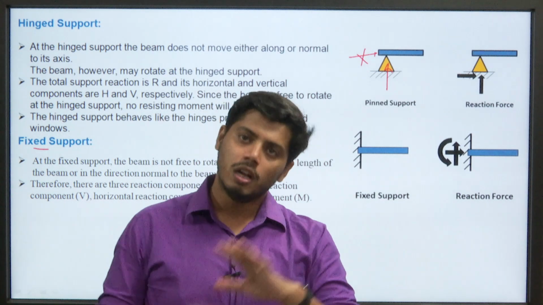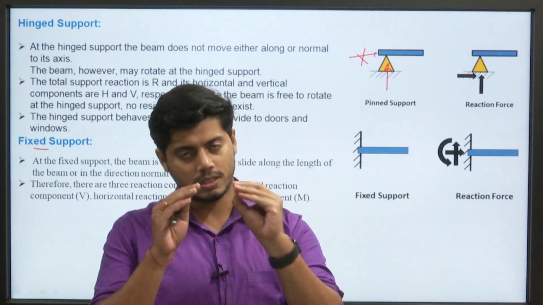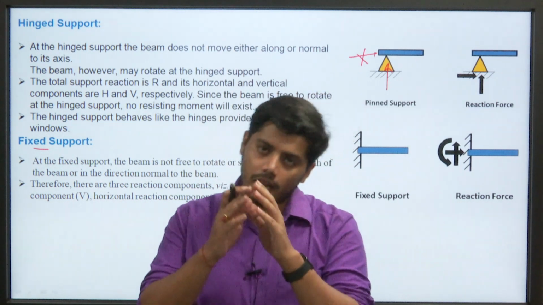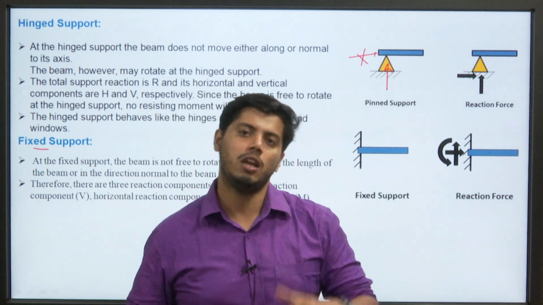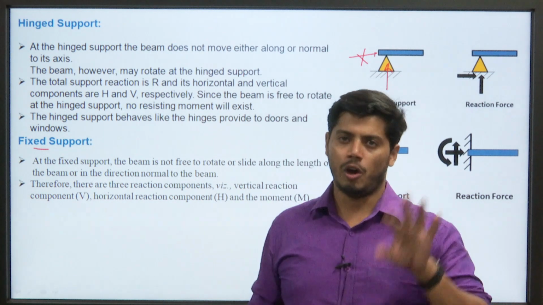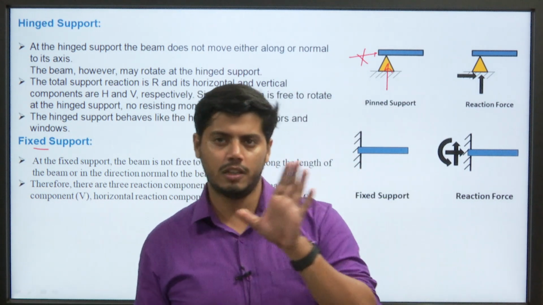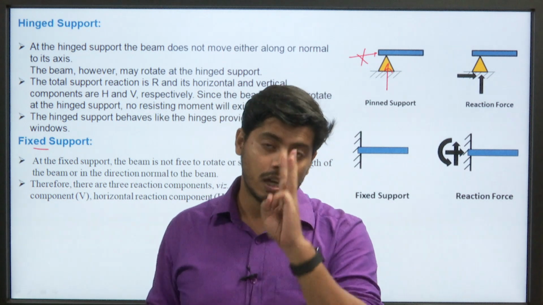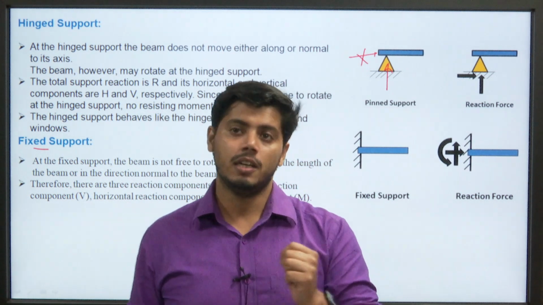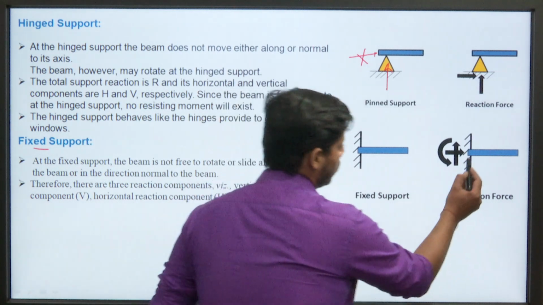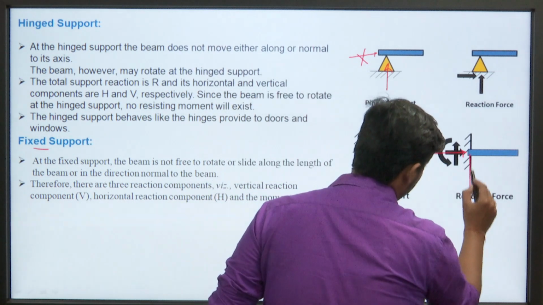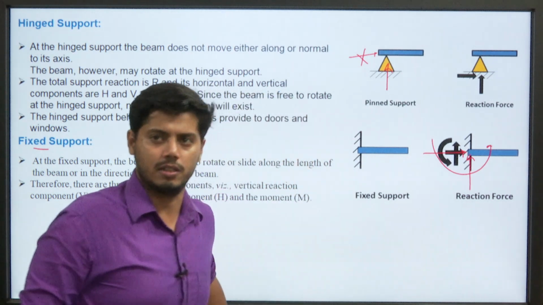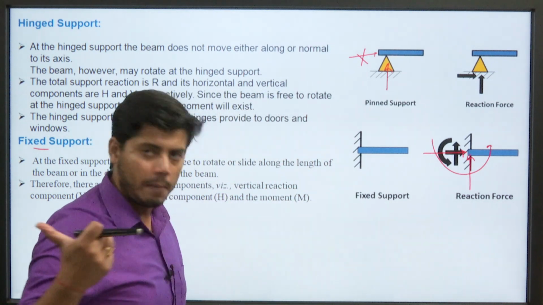So fixed support is the type of support in which there is restriction against every kind of movement, whether horizontal, vertical, axial, normal or moment. This means every kind of reaction is developed: horizontal reaction, vertical reaction, and also moment reaction.